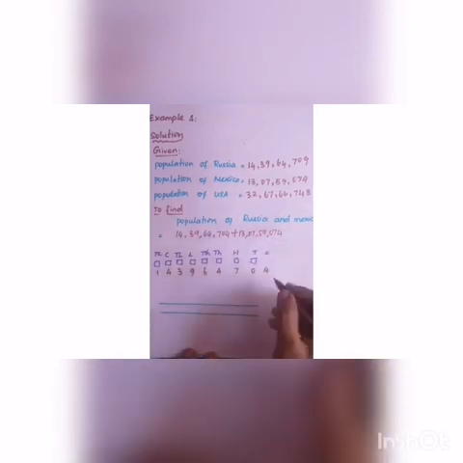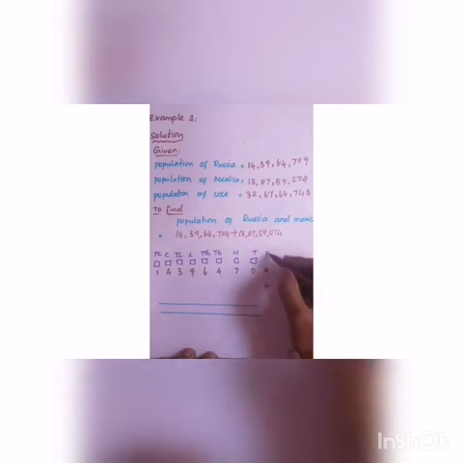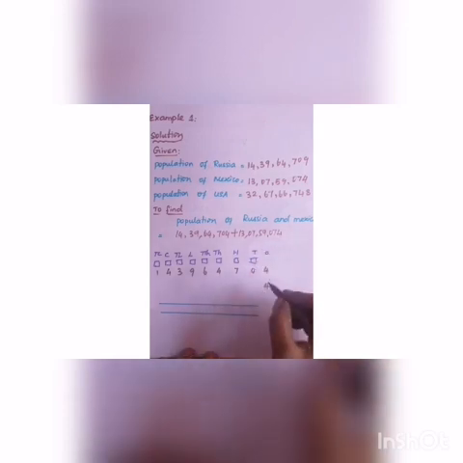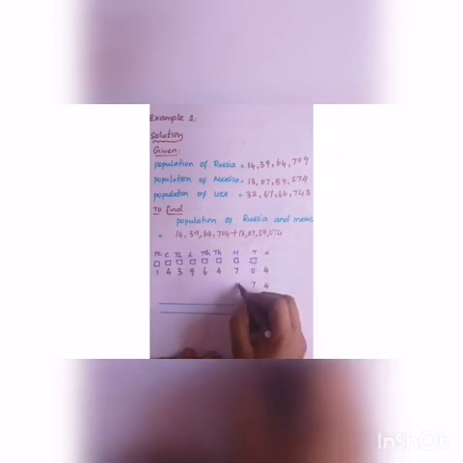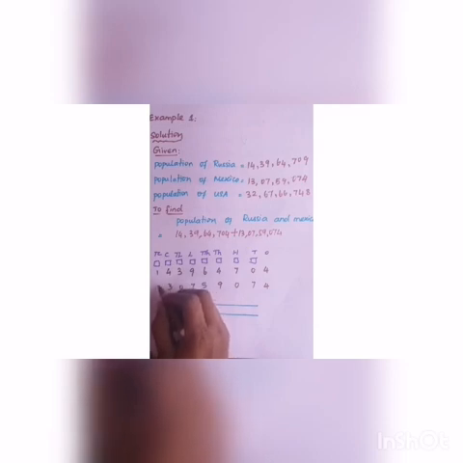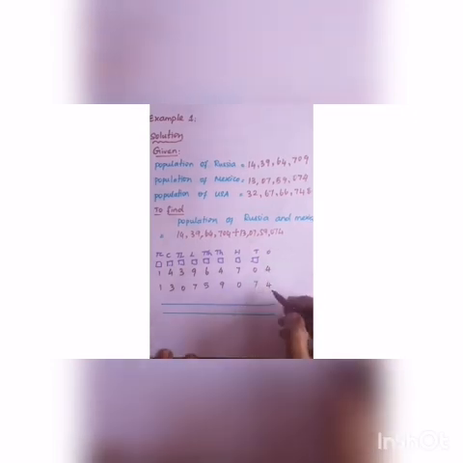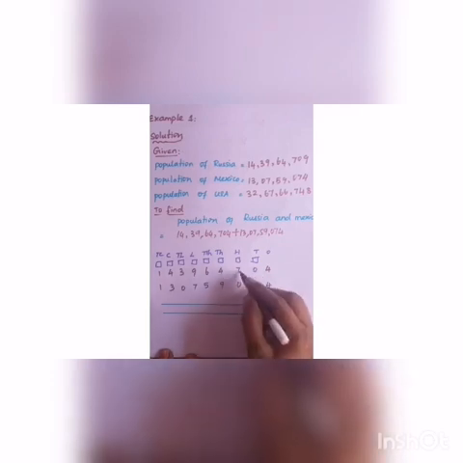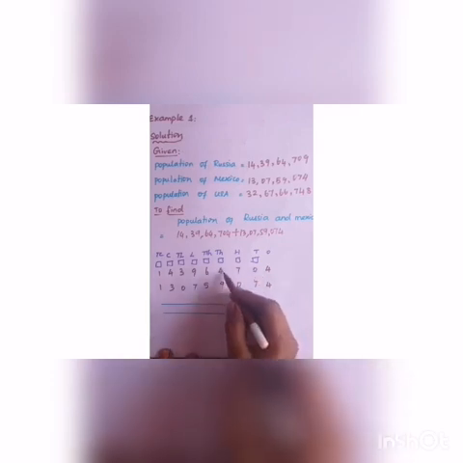Okay, next number: in the ones column we have to write the same, 4 7 0 9 5 7 0 3 1. Now we are going to add. How do we start the addition? 4 plus 4, 8. 0 plus 7, 7. 7 plus 0, 7. 4 plus 9, how much?